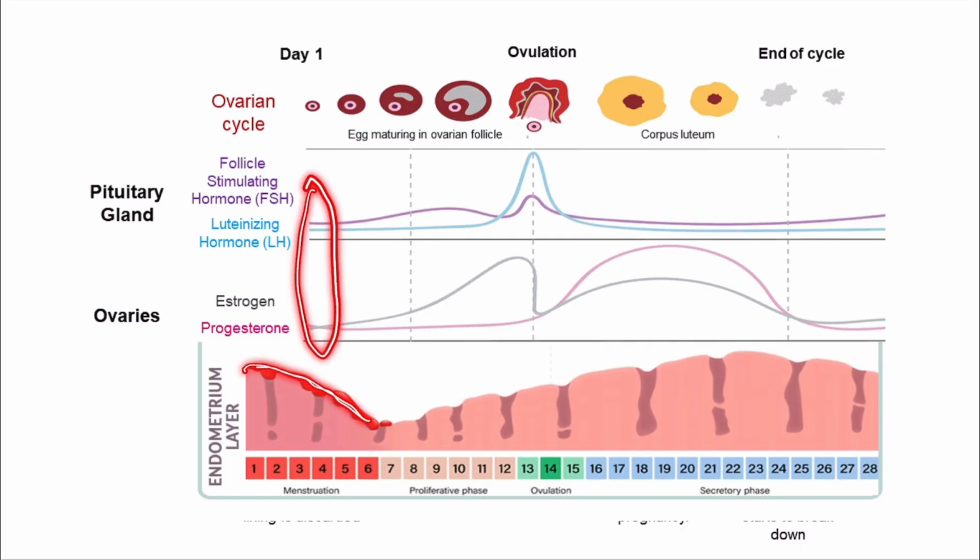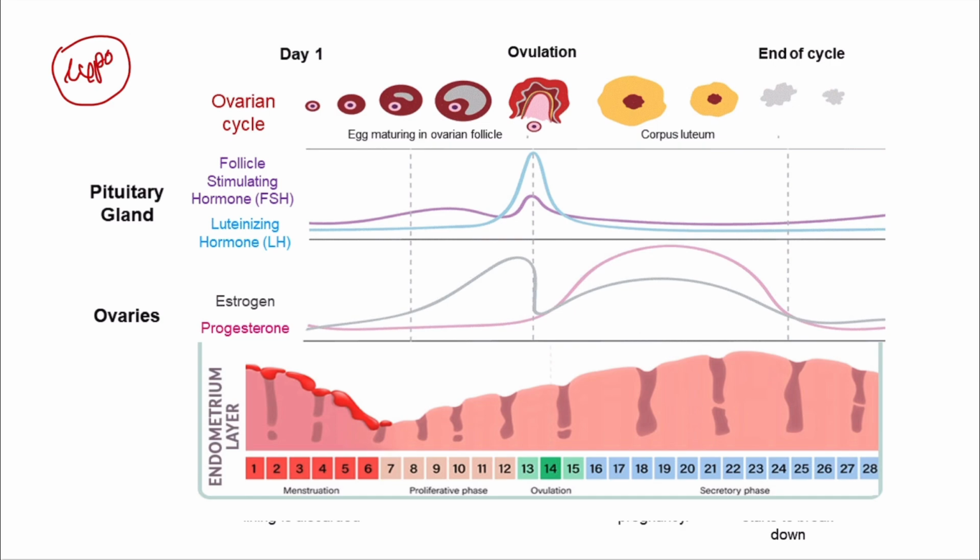It's all low, and this is the first day of the follicular phase. After that, the hypothalamus releases gonadotropin releasing hormone, which makes the pituitary gland release follicle stimulating hormone. Here it releases both FSH and LH, but we focus on follicle stimulating hormone.